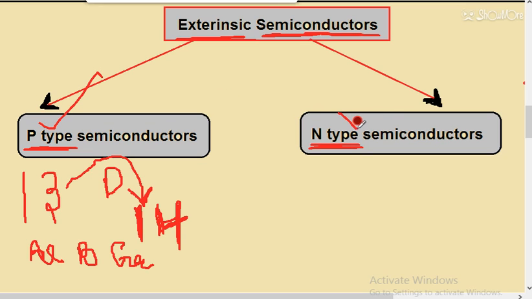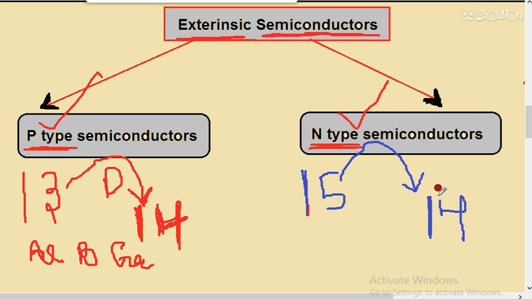The second one is n-type semiconductor. When group number 15 is doped in the group number 14, that is the semiconductor group, then we get the n type semiconductor.